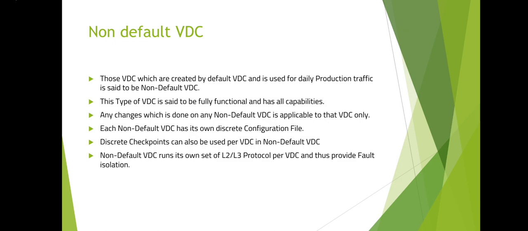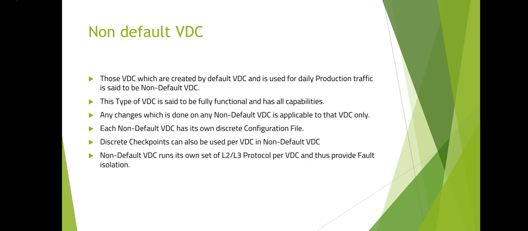So if you're going to come up with different VDCs, if you're going to create the VDCs using admin or default, those VDCs are going to be used for the daily production traffic. So those will be called non-default.